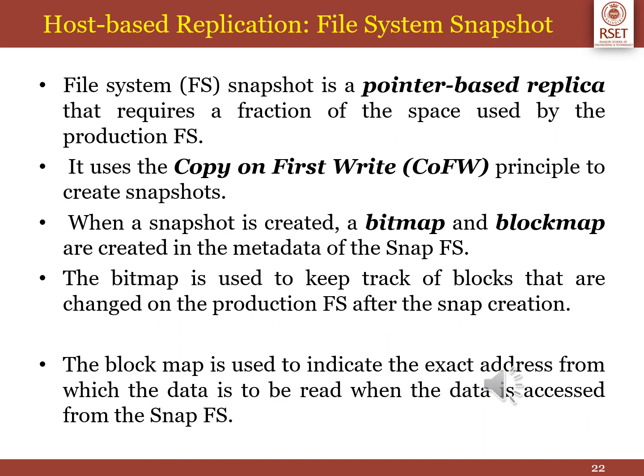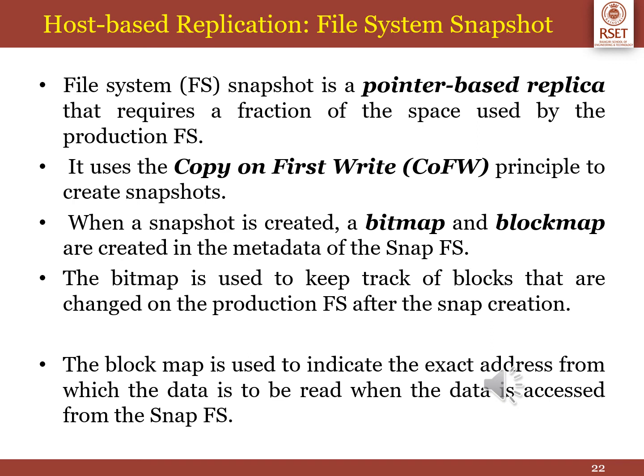This bitmap is used to keep track of blocks that are changed on the production file system after the creation of the snap. The block map is used to indicate the exact address from which data is to be read when the data is accessed from the file system snapshot.